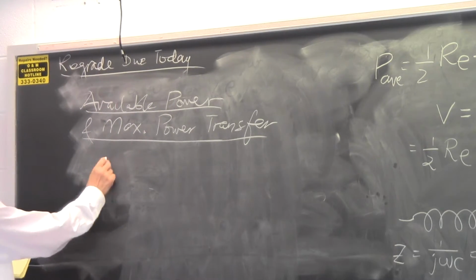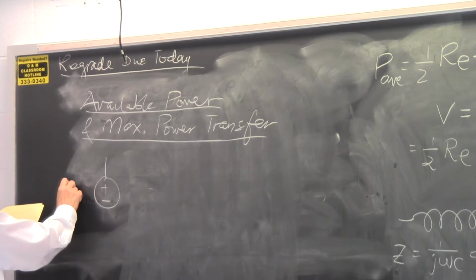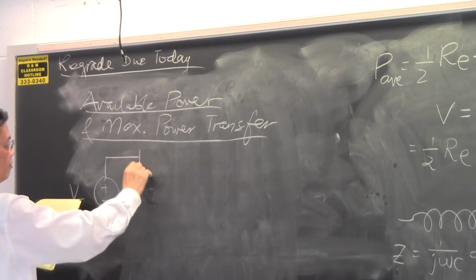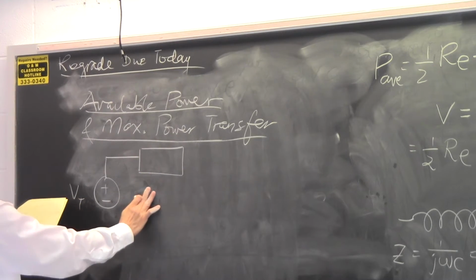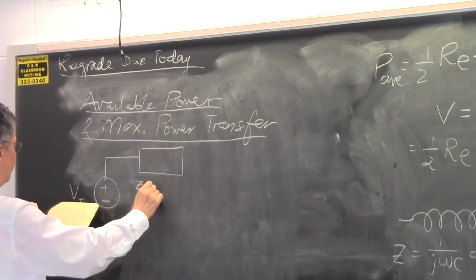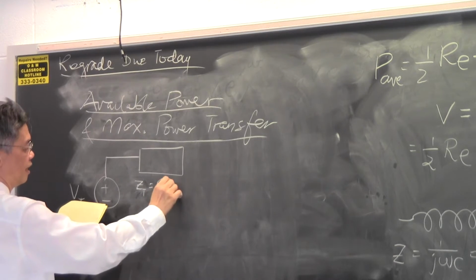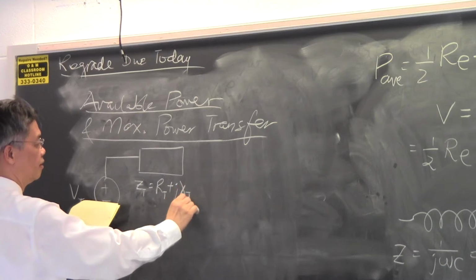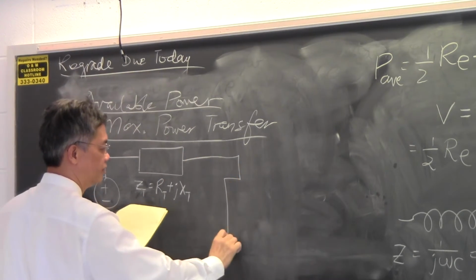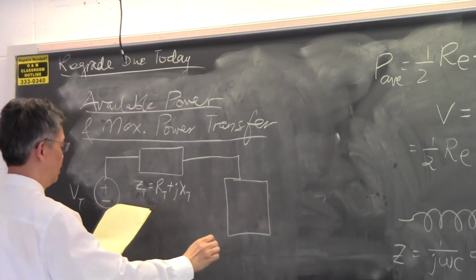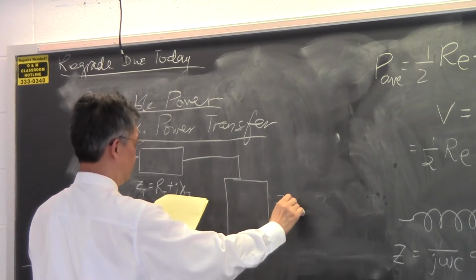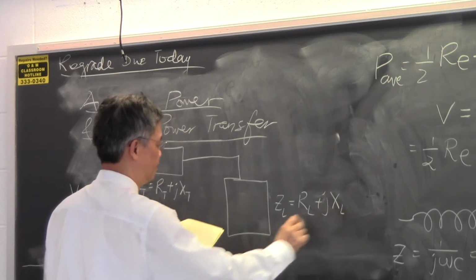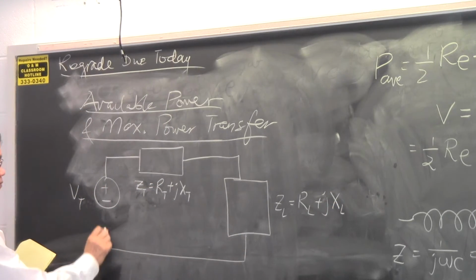If you have a phasor circuit that looks something like this, and you have already found a Thevenin equivalence, and you know what Z Thevenin is. Z Thevenin is RT plus jXT, and then you have a load over here, and let's call it ZL is equal to RL plus jXL. Okay?